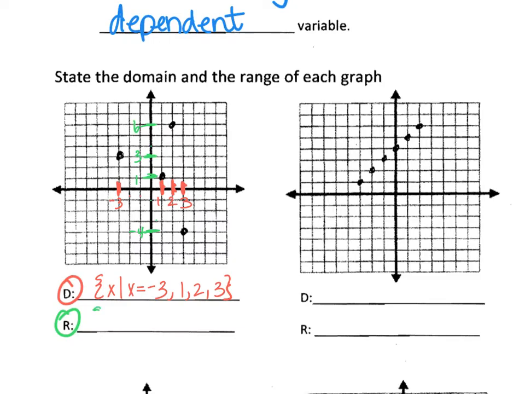And then we also use set notation, Y such that Y equals -4, 1, 3, and 6. So when it's discrete points, it's just a list of the X and Y values. It's like taking each ordered pair and separating the points from it.